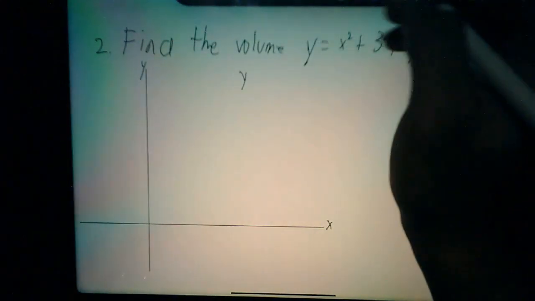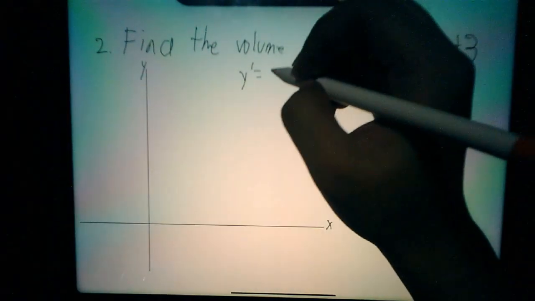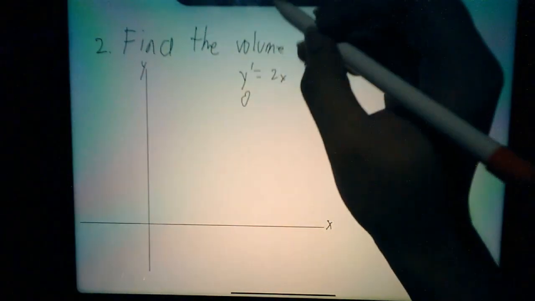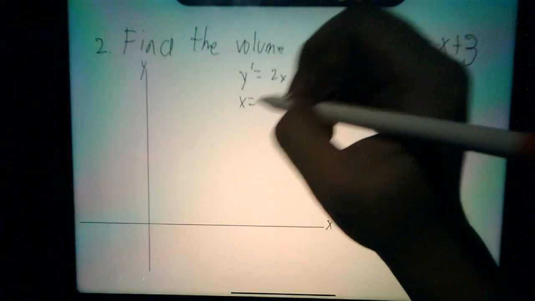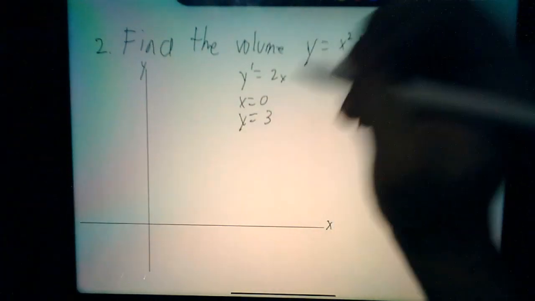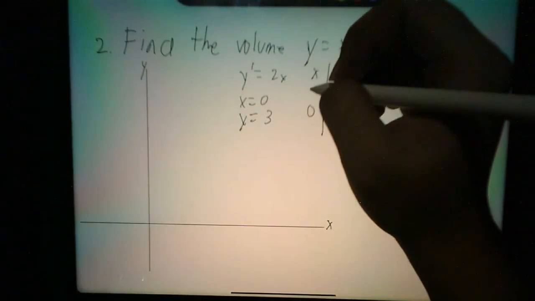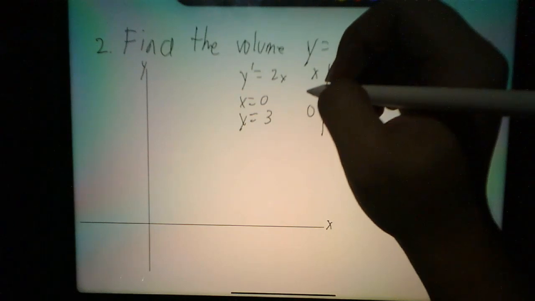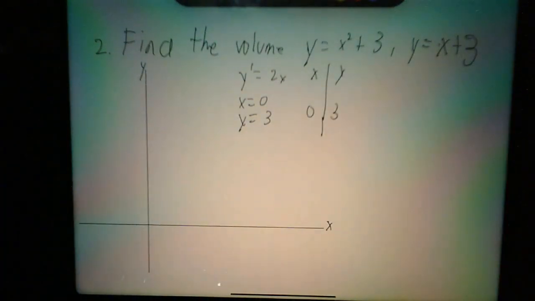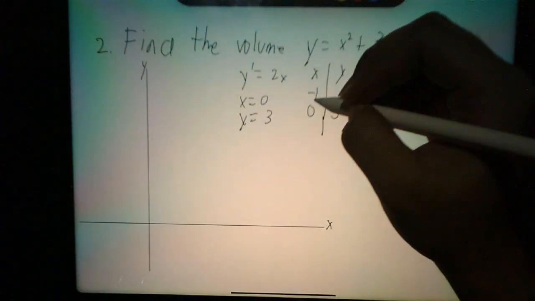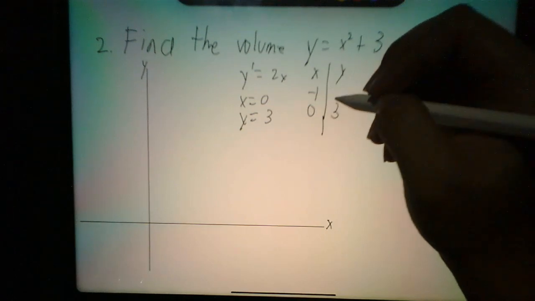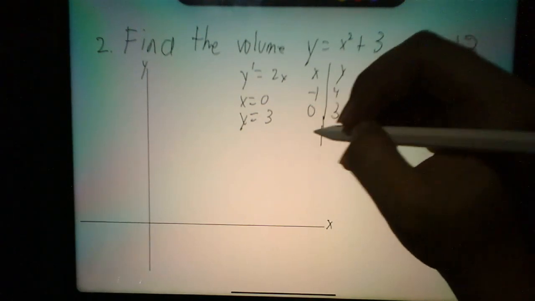y prime is just equal to 2x. So if x is 0, our y will become 3, so we put the point 0, 3 here. If our x is negative 1, our y will become 4, and for 1 it is also 4.